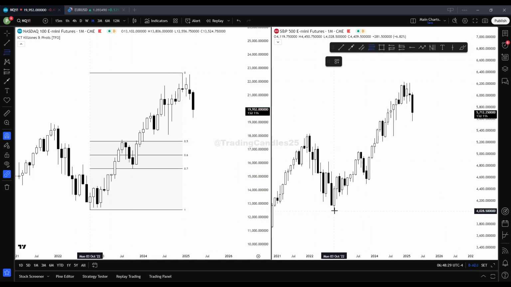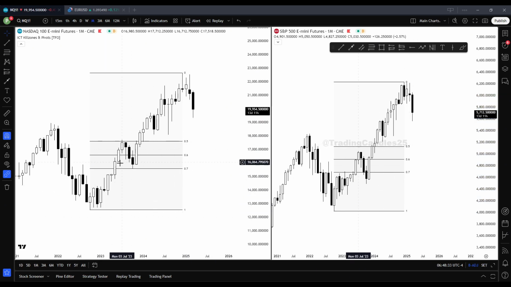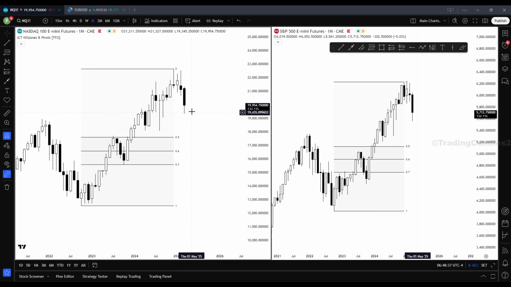If we analyze this dealing range, we can see that price is currently inside the premium region. So typically, to rebalance the dealing range, price will tend to move towards the discount region, or at least to the equilibrium region of this dealing range.